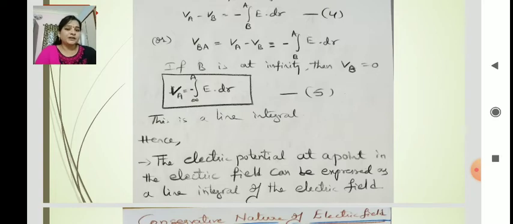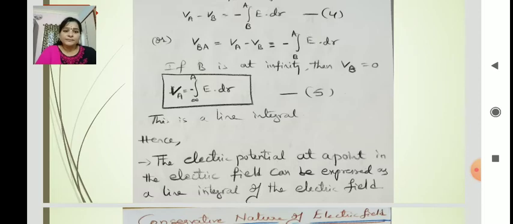The electric potential at a point in the electric field can be expressed as a line integral of the electric field. This is one of the relations between electric potential and electric field.